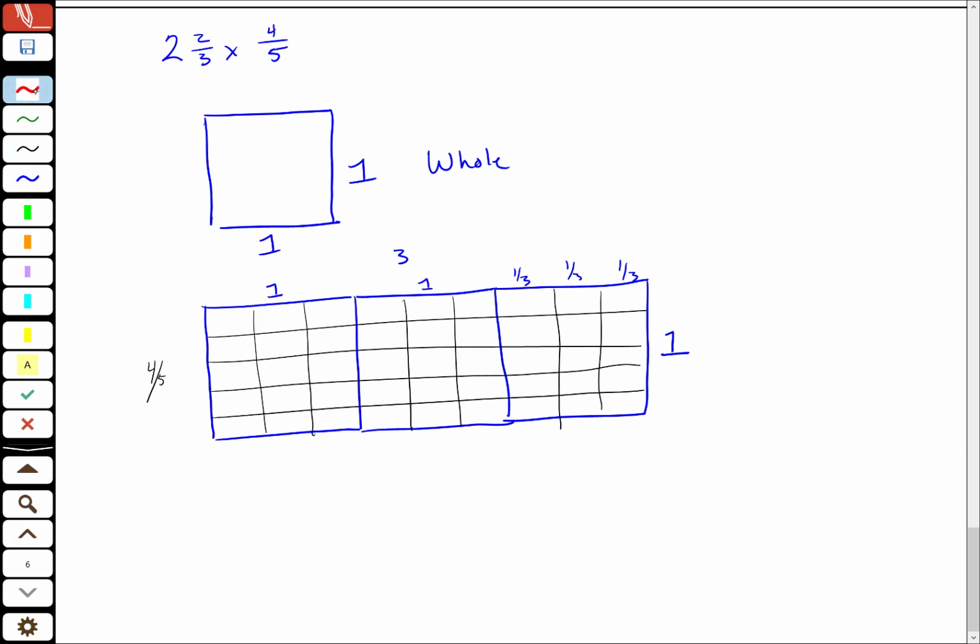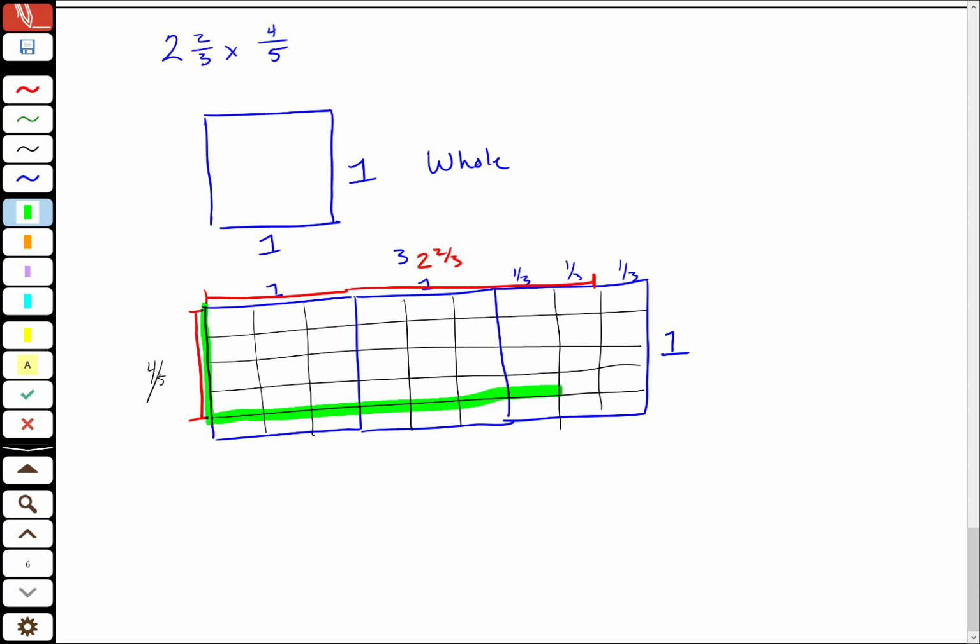Okay. And now I'm going to picture again this length and width in this problem. So there's 1, 2 and 2/3. And then I'm going to picture 4/5 along one side. Good. And now I'm going to draw the rectangle that meets those dimensions.